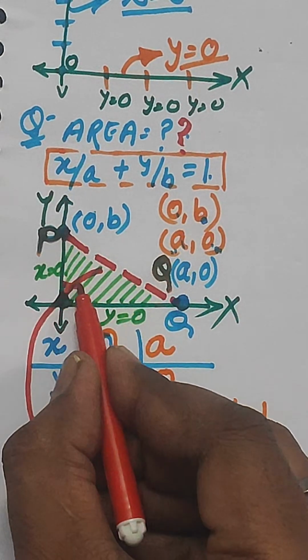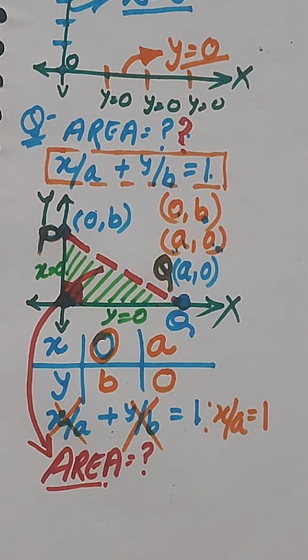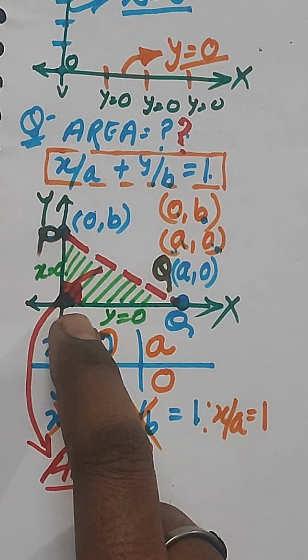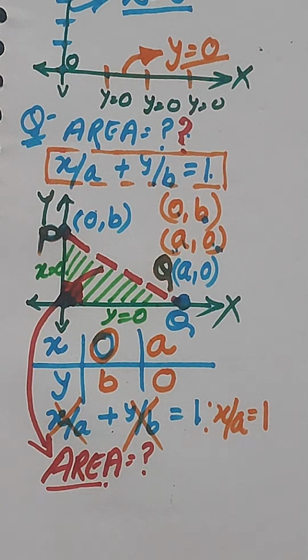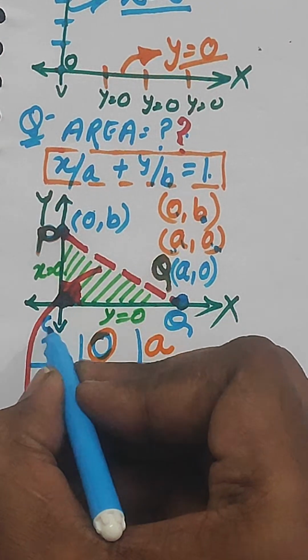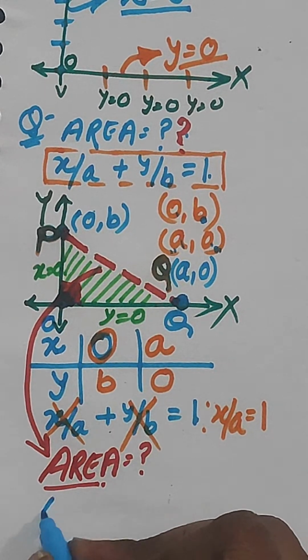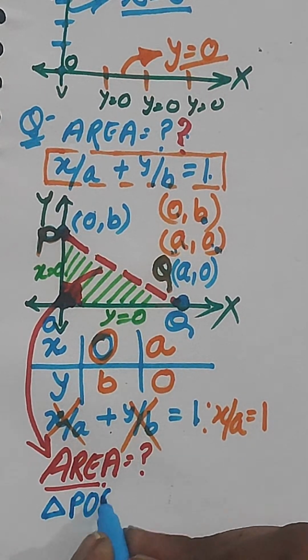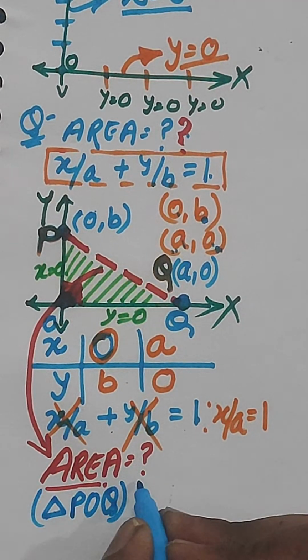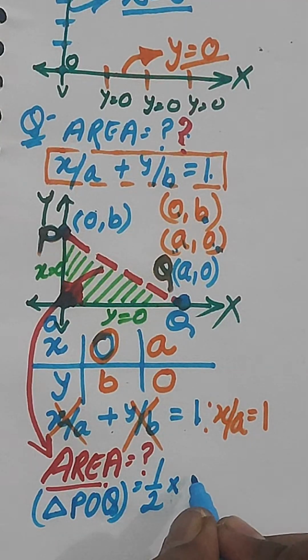Because the x-axis and y-axis intersect each other at the origin, and it's 90 degrees. So if this is the origin O, the area of the triangle POQ is half into base into height.